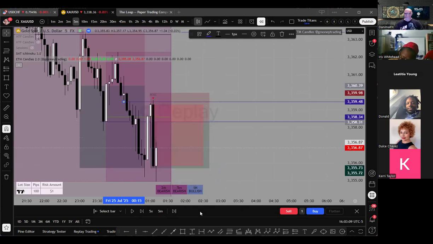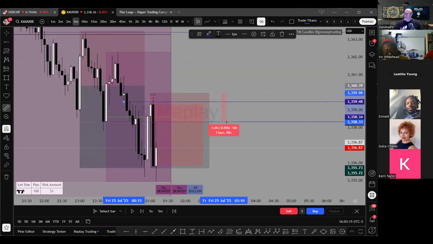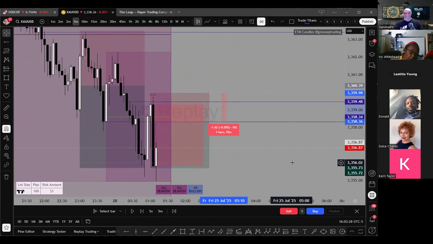So if I had set, in this case, it was 41.5. So let's see how many pips that is. Well, that's basically 16.2 pips, something like that. So is it under my 50 pips? Yep.